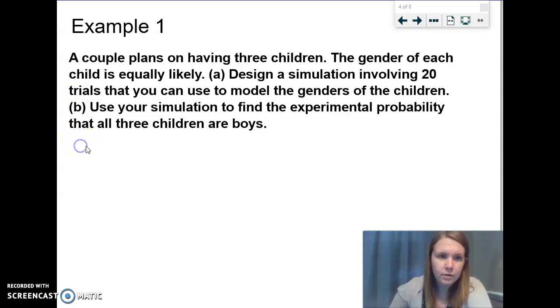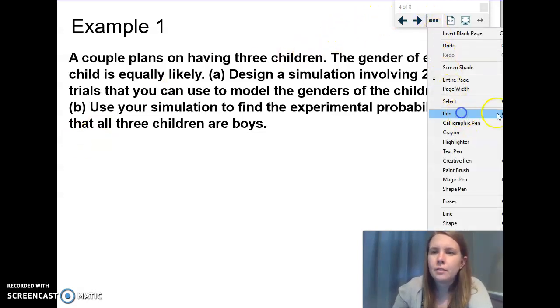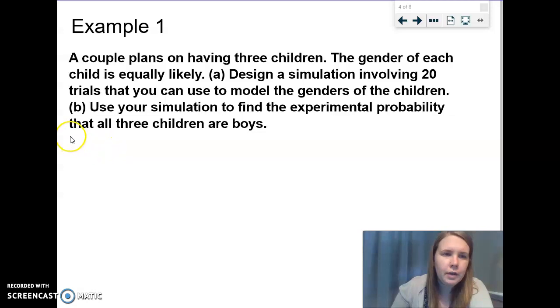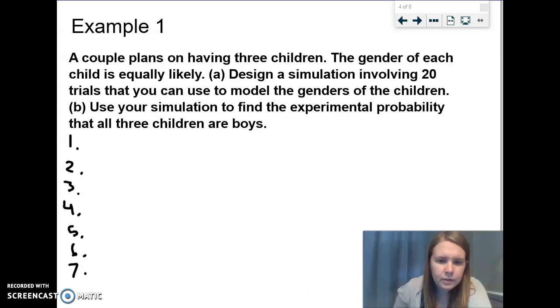20. Oh, I guess that my pen isn't on. So we got 1, 2, 3. Let's see if I can extend the page. I don't know why it doesn't like me extending this page.